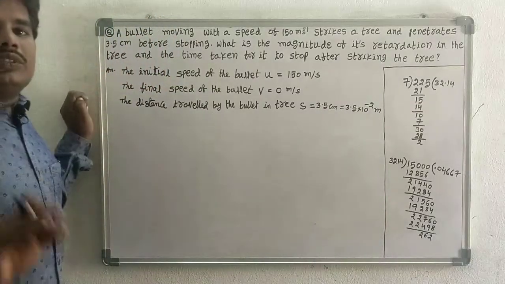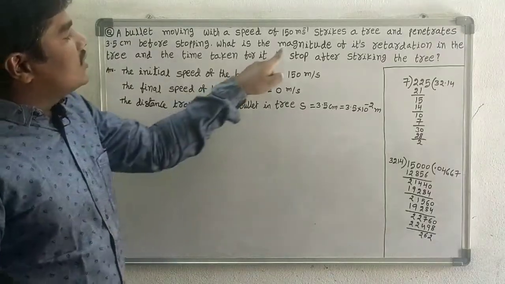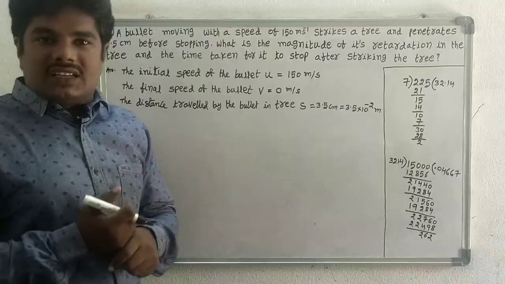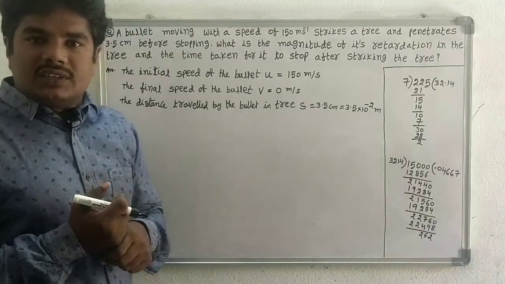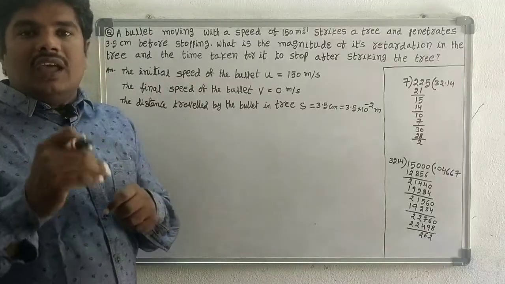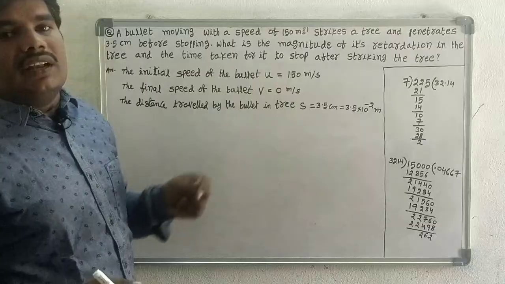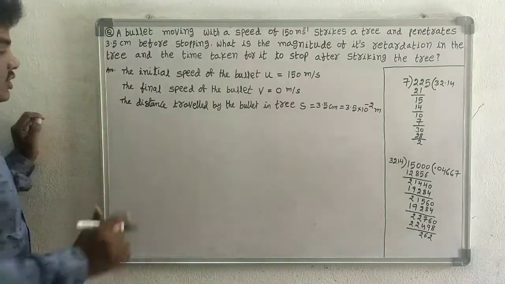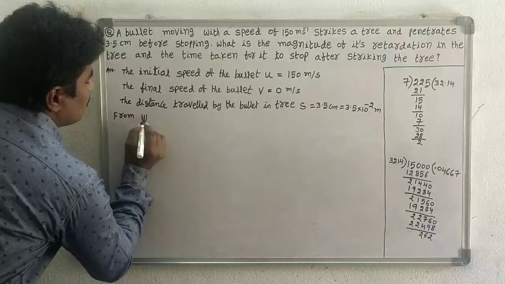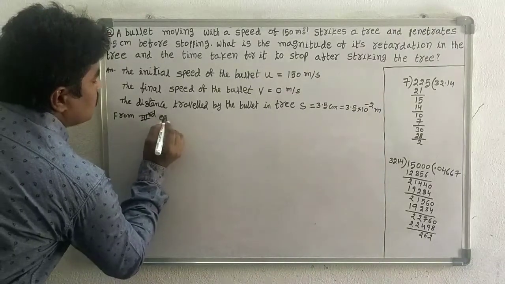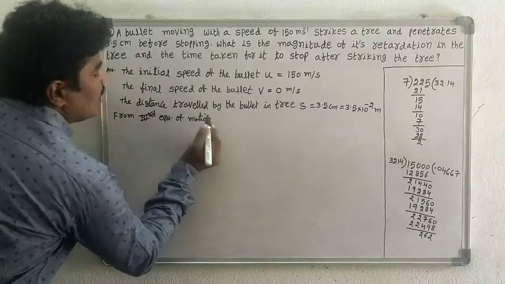Here we have to determine the retardation. Retardation is nothing but negative acceleration. Negative acceleration is called retardation. So first we determine acceleration. The relation between these letters is the third equation of motion.